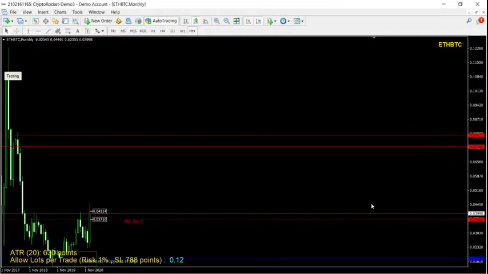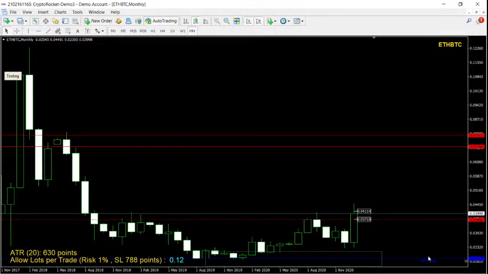Let's go ETH Bitcoin. Zoom in here. Showing a nice week this week. We're starting to break the trend a little bit. We're starting to see a higher low form up, and we are starting to see a higher high form up. So that's interesting.